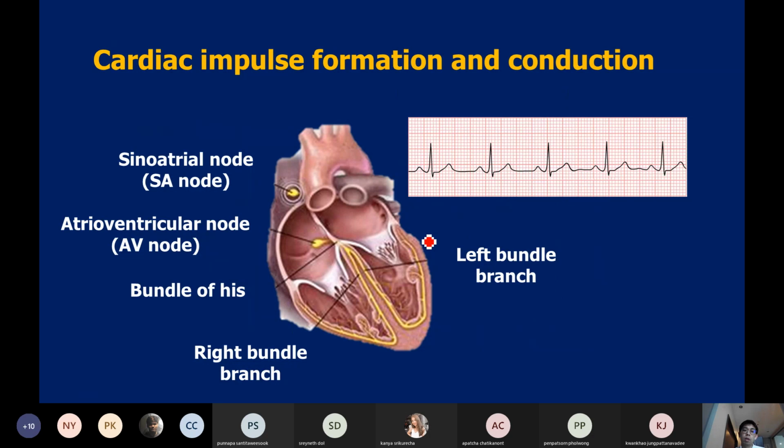We have conduction via the SA node down to the AV node, and to both the left and right ventricle at almost the same time. So the QRS that we obtain is a narrow QRS, less than 120 milliseconds.